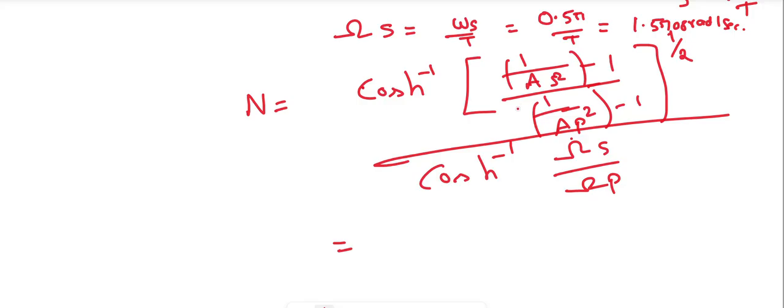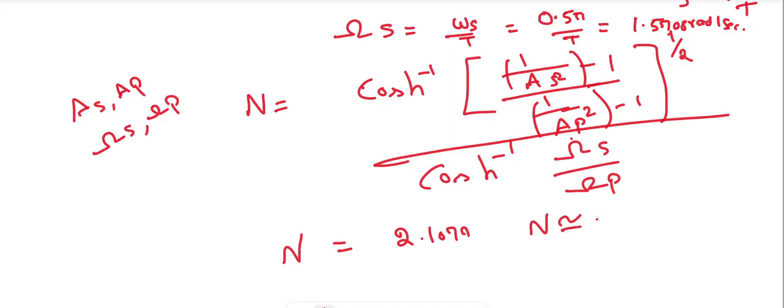Substitute all the values of AS, AP, omega s, omega p, then compute the value of n and cross check: 1.077. So n is approximately equal to 3.